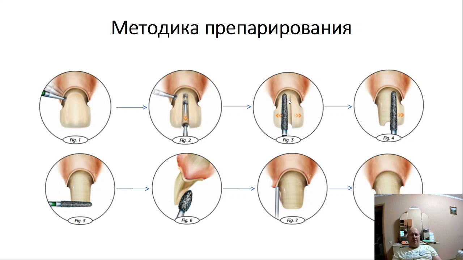So you can use a so-called calibrated bore, or you can use this one. And when you are going to prepare the vestibular surface, you need not to exceed this level.